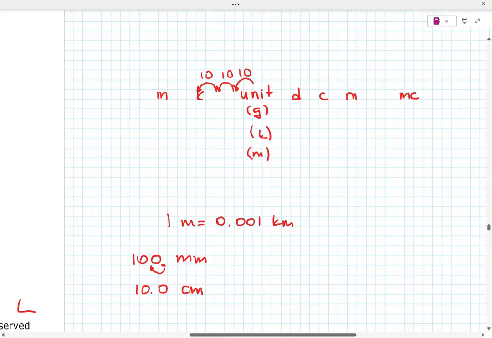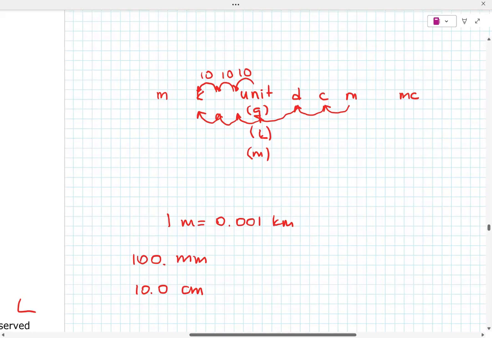Let's say we got batshit insane and decided to convert 100 millimeters into kilometers. How many steps? Count with me. 1, 2, 3, 4, 5, 6.